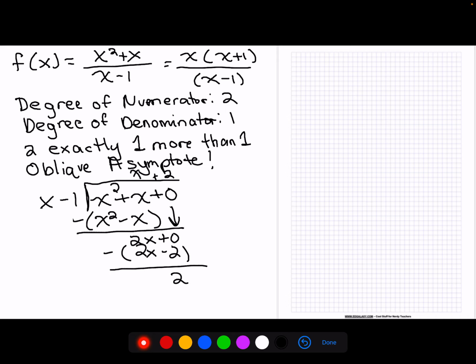All right, we don't care about the remainder. We just ignore that. But that quotient tells us the equation for that oblique asymptote, and that is going to be y equals x plus 2. So we're going to graph the line y equals x plus 2. We're going to use a nice dotted line, and that'll help us in this situation.